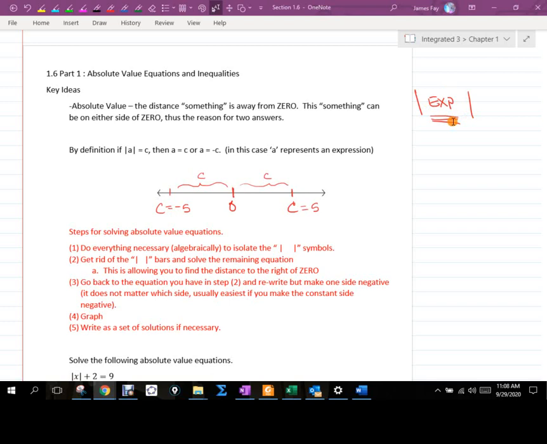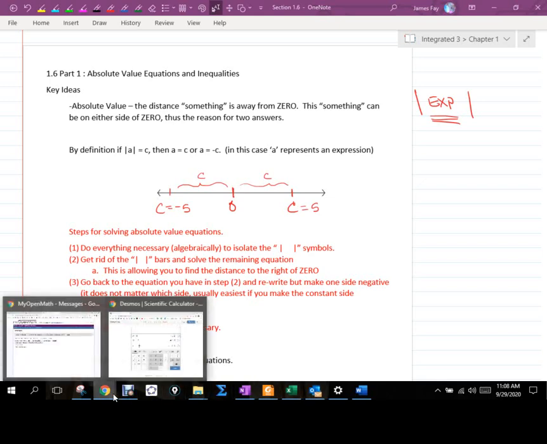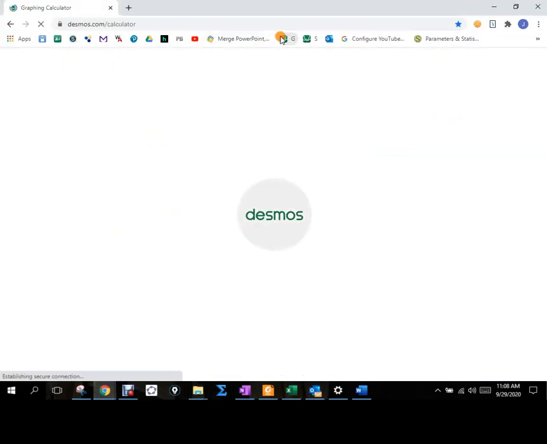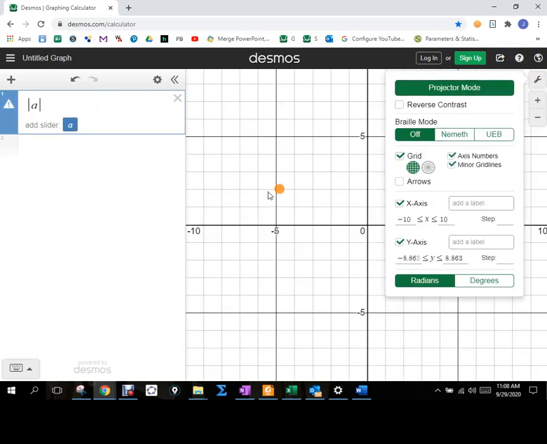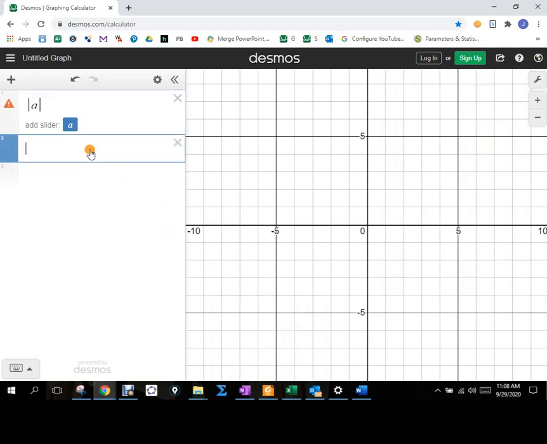Does that make sense? So let me just kind of demonstrate this with Desmos real quick. If I have the absolute value of A, so absolute value on your keyboard, if you're going to use Desmos, which I strongly suggest with some of this stuff, you've got your enter key, and then right above it, you've got a key that has a vertical line and then a backslash.